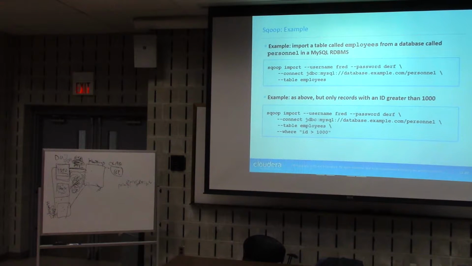Be careful in a production system: depending on the operating system, the password can be viewed by others if you type the ps command. But nowadays many systems hide the password, or you can do it interactively, so without the password, then they will ask for the password. So this is the connect string and table name. Or if you want, you can give the where condition.